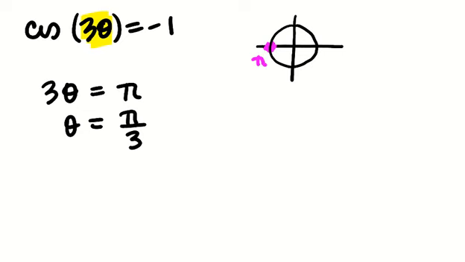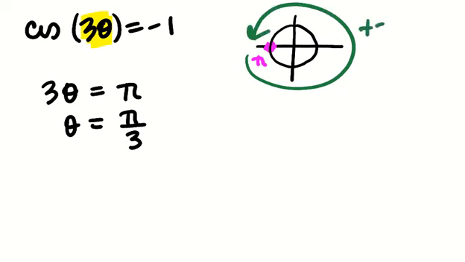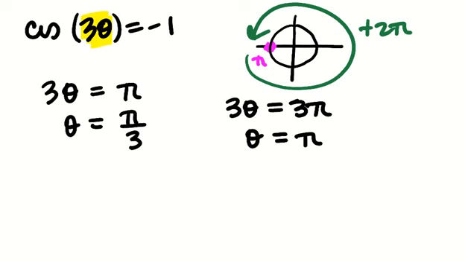But if we were to add 2 pi and go around from pi again, we'd have pi plus 2 pi is 3 pi. So what would happen if I said 3 theta equals 3 pi and then divided by 3? I get theta equals pi. So this is another solution.